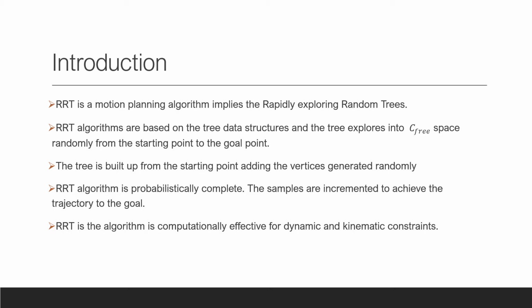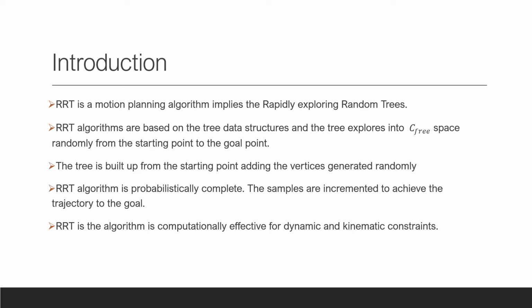The RRT algorithm is probabilistically complete. That means the samples are incremented to achieve the trajectory to the goal, and the algorithm achieves its goal within limited resources and without having complete knowledge of the environment.